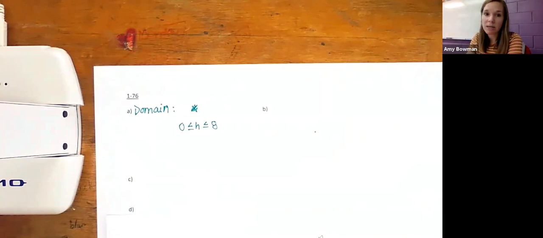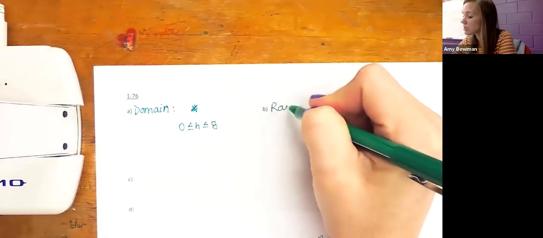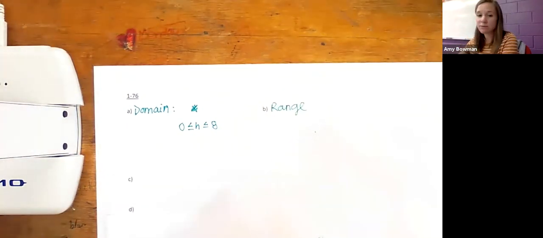So part B in problem 76, let's see what it's asking. Is the range limited? That is, what are all of the possible volumes or outputs? Are there any outputs that do not make sense? Why or why not? Yeah, of course, a negative volume doesn't make sense.